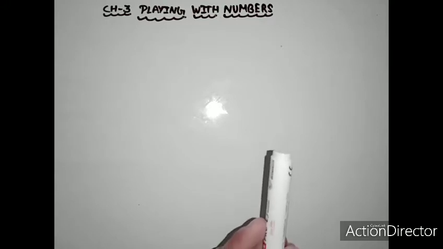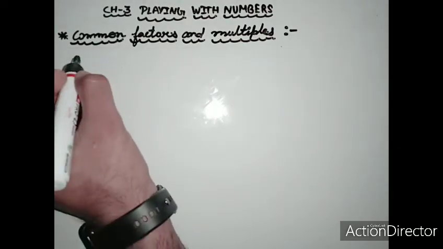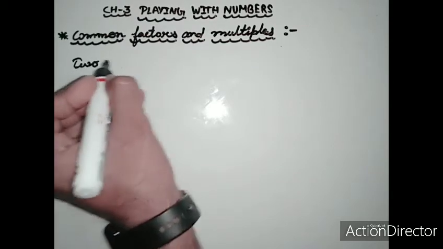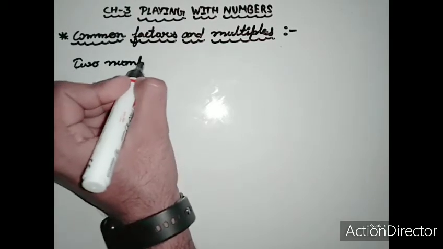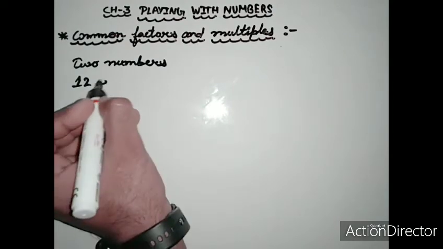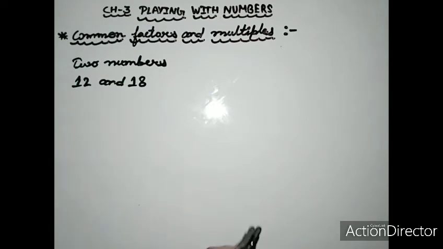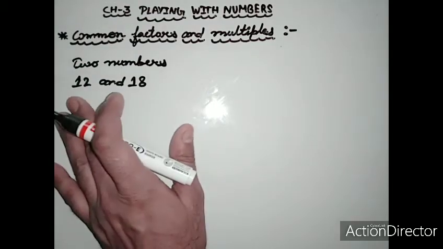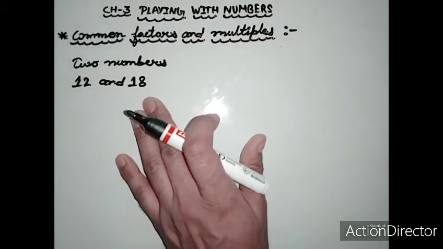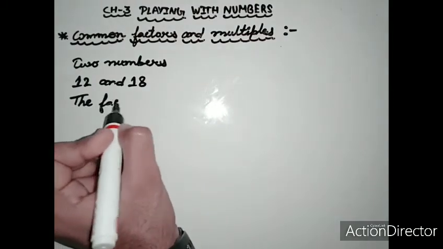So here we consider two numbers, 12 and 18. In these two numbers, first we find the factors of 12 and after that we find the factors of 18.